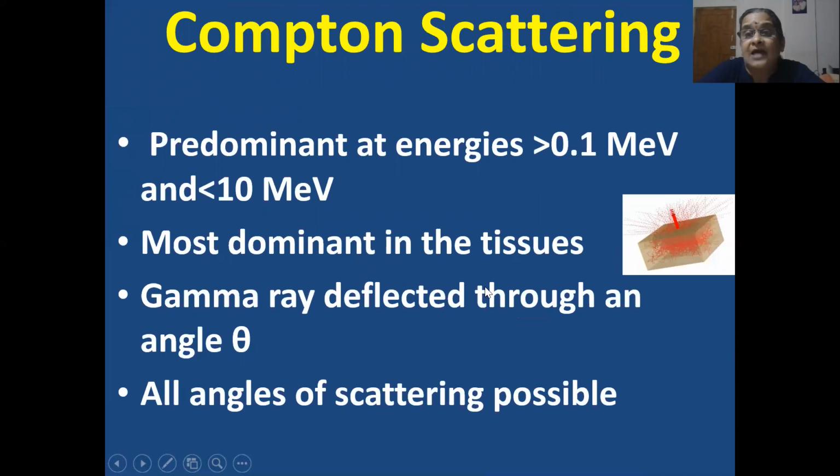These Compton scattering effects are predominant at energies more than 0.1 MeV but less than 10 MeV. Most dominant in the tissues, the gamma is deflected through an angle theta, and all angles of scattering are possible.